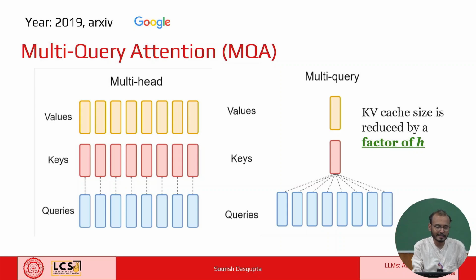So what they said is, okay, let's try this experiment, and let's say that while the queries will differ, the Q's will differ in different heads, but the K's and the V's won't differ.